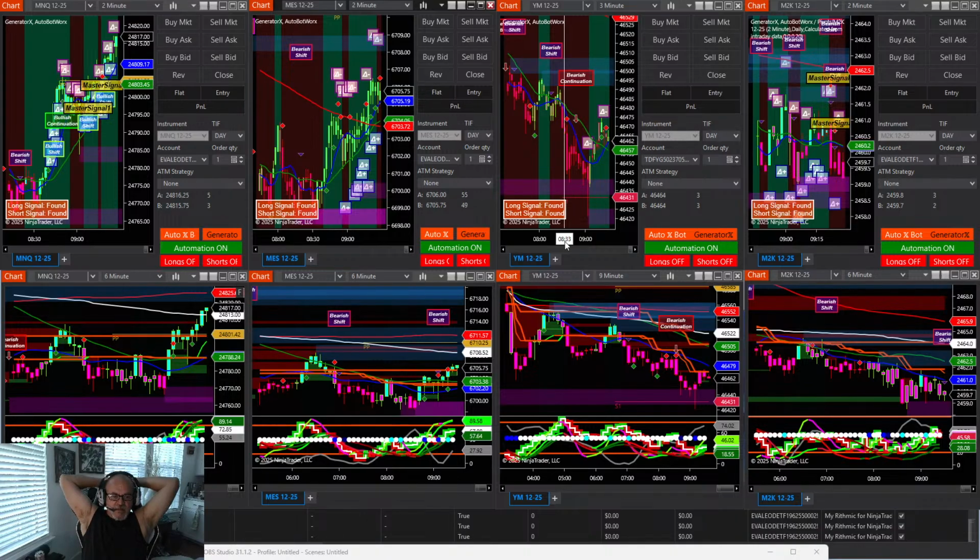I would really love to be able to, if I can't take them off the charts, turn the opacity of all the labels completely down where I don't have to see them on the chart.